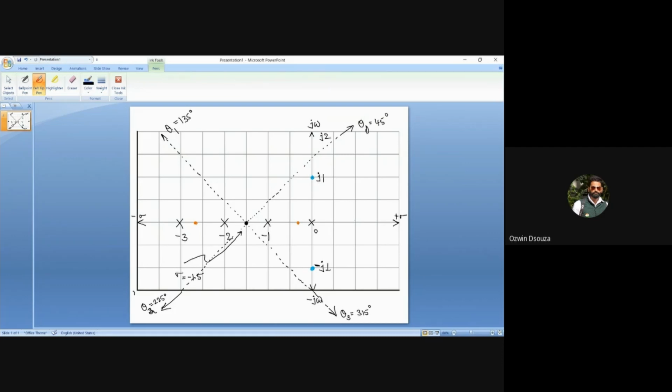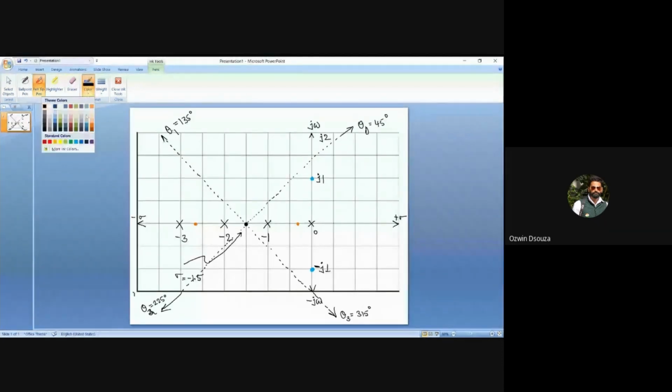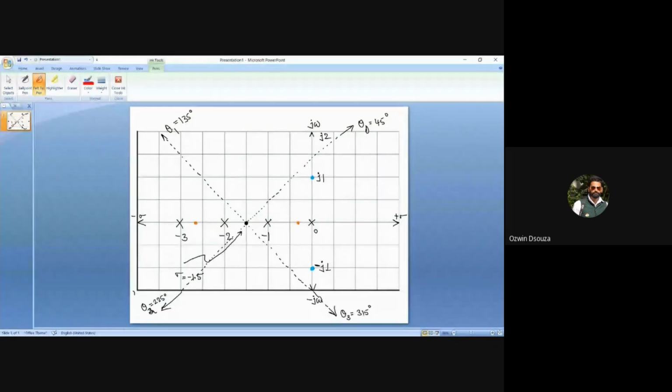So as we start increasing the value of k from its zero value, the root which is placed at origin starts to move in the left hand side direction. Red is better, I think. So this is how I can show. Left hand side direction.